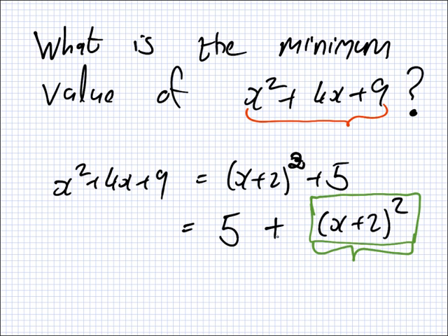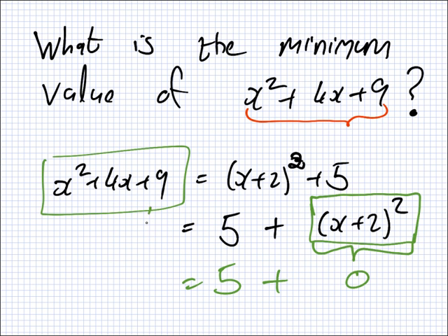Okay, so what you have is this. You have 5 plus something which must be more than or equal to 0. Right, this could be at least 0. Why can it not be negative? Because of the square. So it means that this has to be in value at least the number 5.